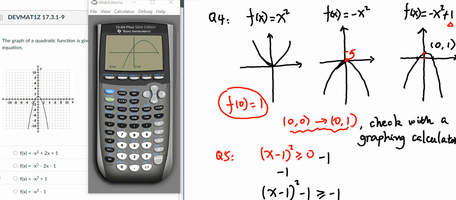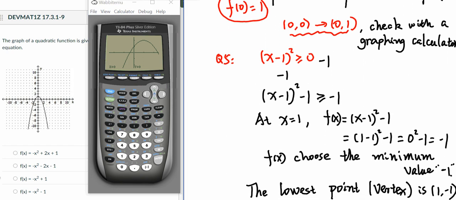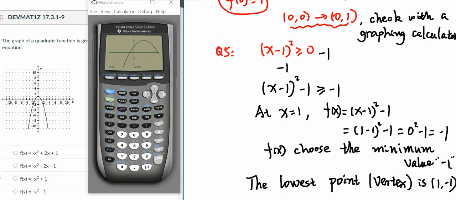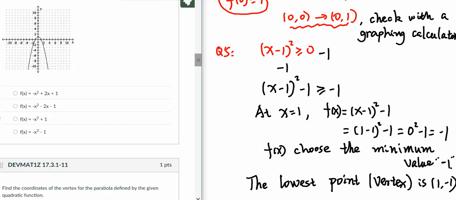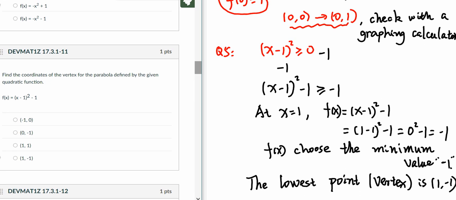Okay, now question 5. You may want to check again the vertex.